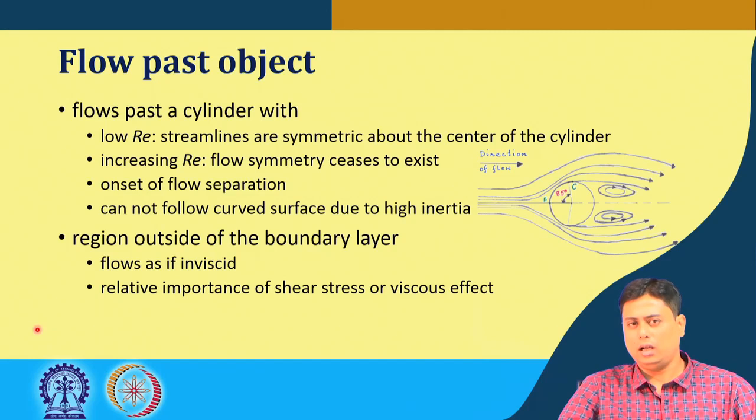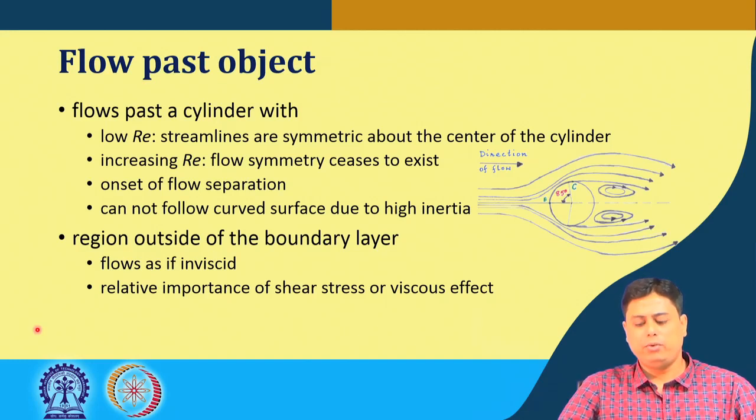That means the streamlines cannot adapt to the surface curvature of this cylinder at the rear portions of the cylinder, when it passes through a point on its upper surface, or let us say the lower surface. With increasing velocity or increasing Reynolds number, such a scenario happens, and after a certain point flow separation occurs.